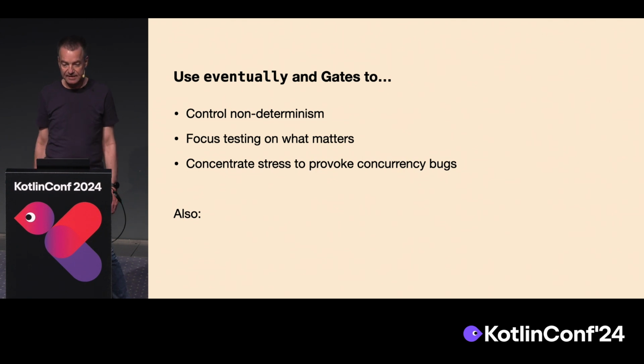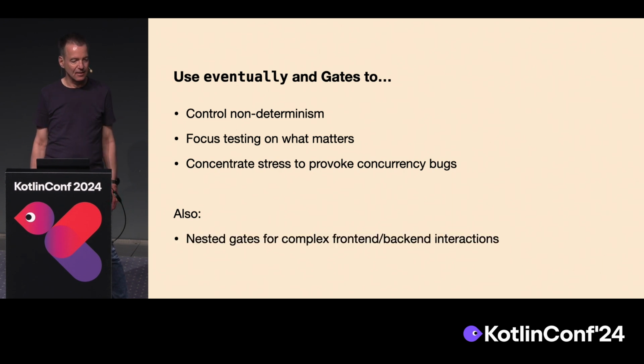We can also use nested gates for complex frontend, backend interactions. And I guess you will find an example of this in the code. I will not touch it here for reasons of time.